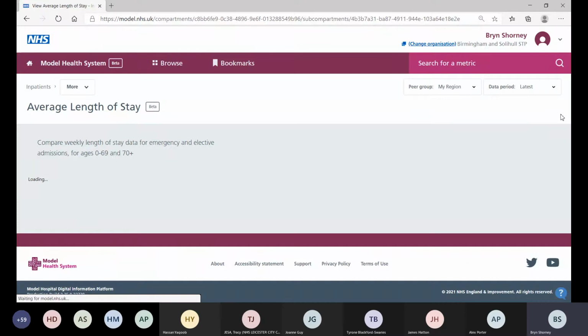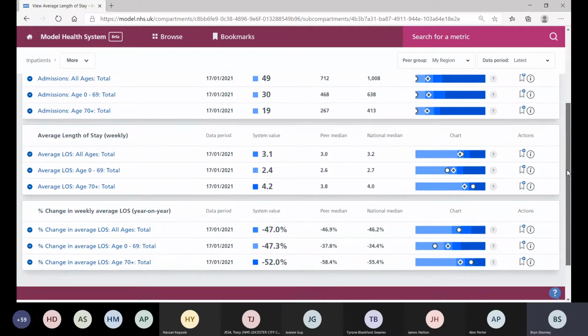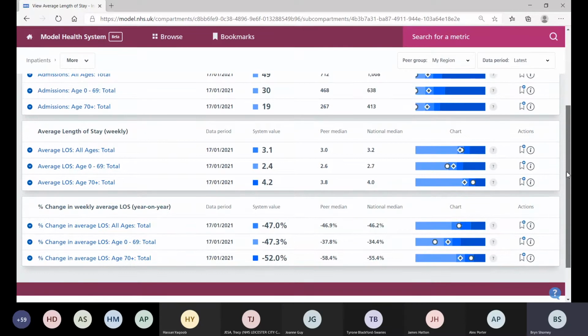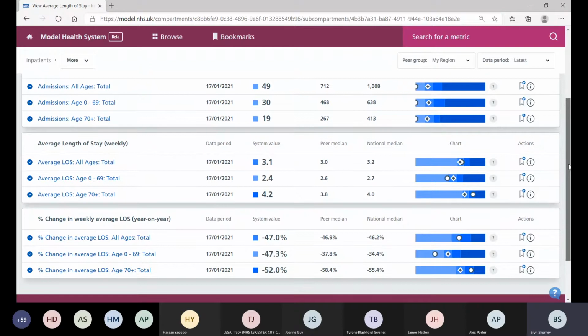And then just to show you a bit more of the information that you can get, that's broken down by age there, and then we've got the percentage change year on year as well.